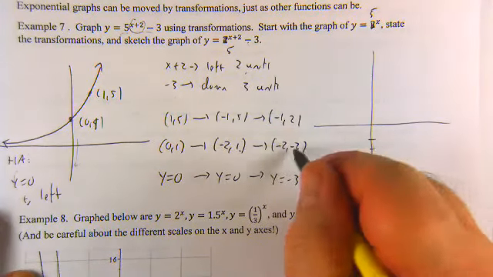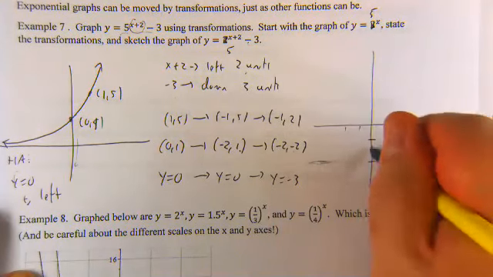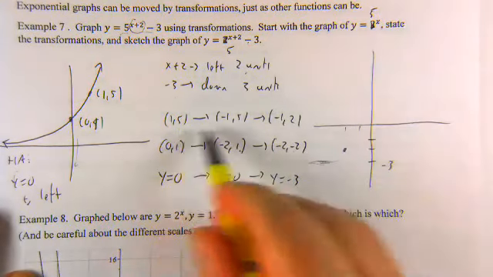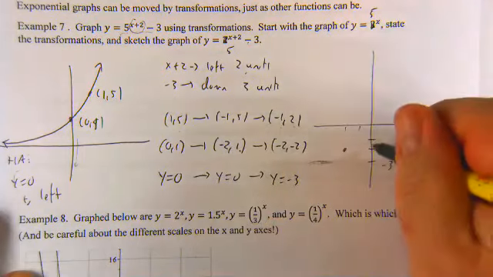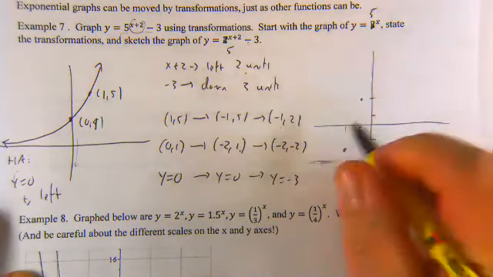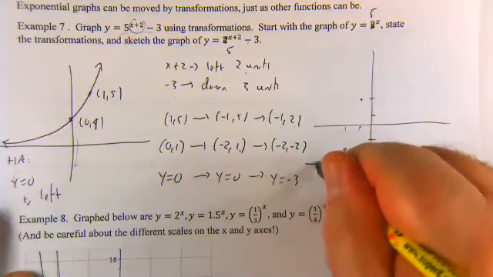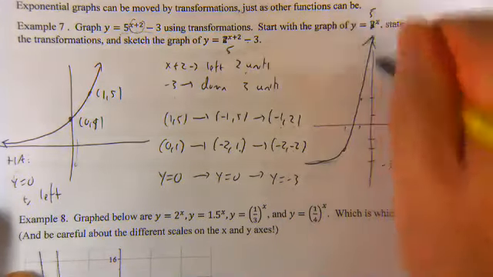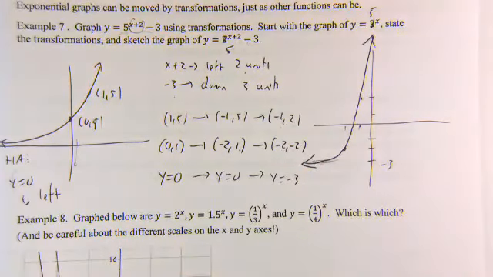It goes through the point (-2, -2), and it goes through the point (-1, 2). So horizontal asymptote out here, goes through this point, goes through this point, and goes up. So we just moved it left 2 units and dropped it down 3 units. And you can keep track of what it looks like by looking at the horizontal asymptote and the 2 special points.